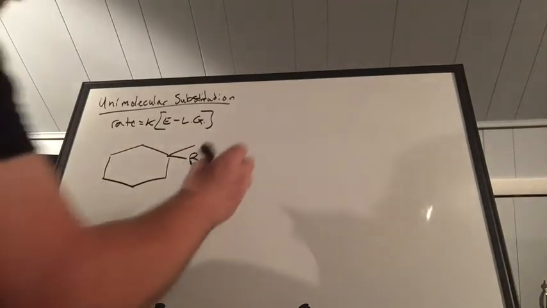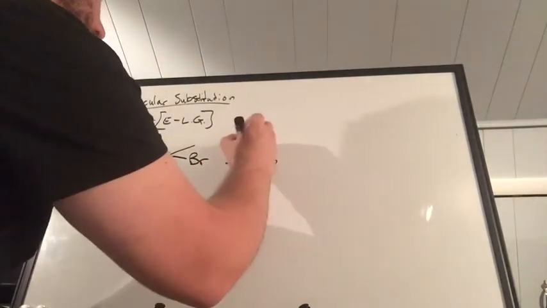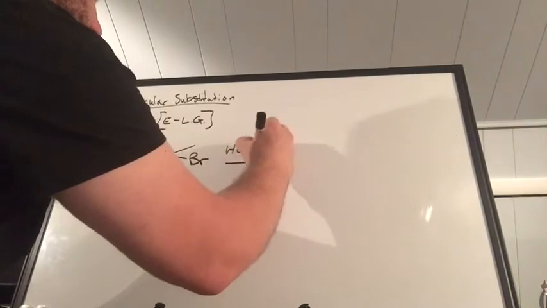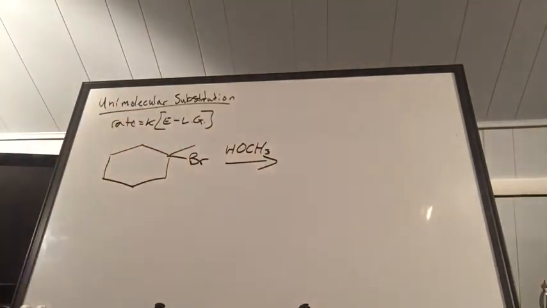Okay, so now we have methanol in the presence of 1-bromo-methylcyclohexane. Now here's the issue.